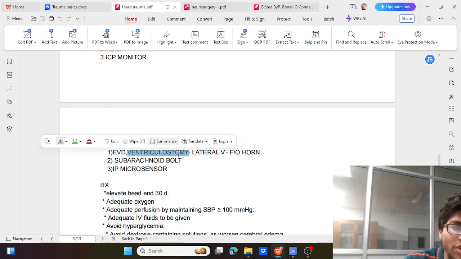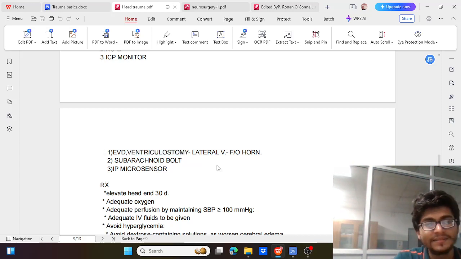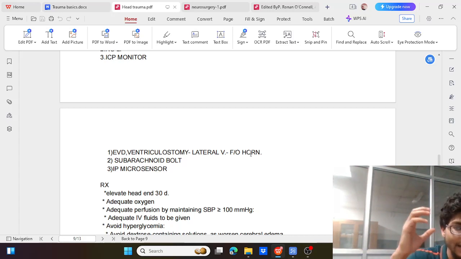Or by ventriculostomy, that is done in the lateral ventricle of the brain, and it has two horns. Either it is done in the frontal horn or occipital horn. F and O, that is frontal or occipital.